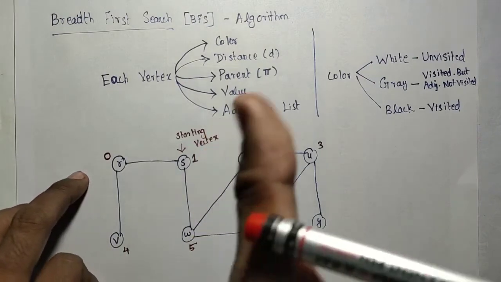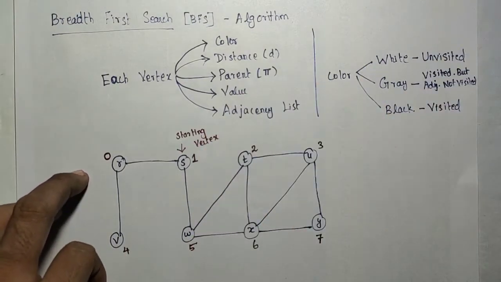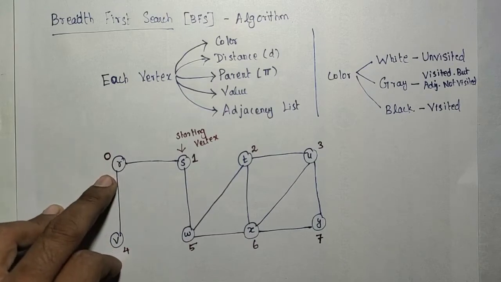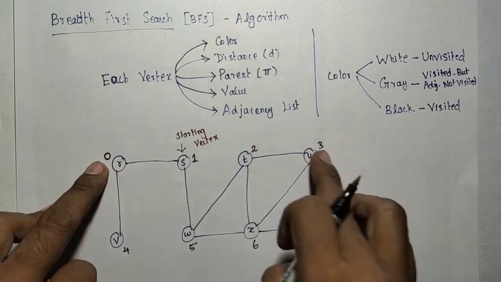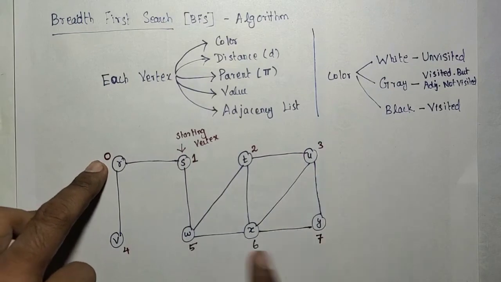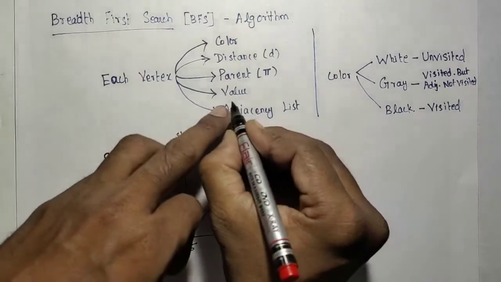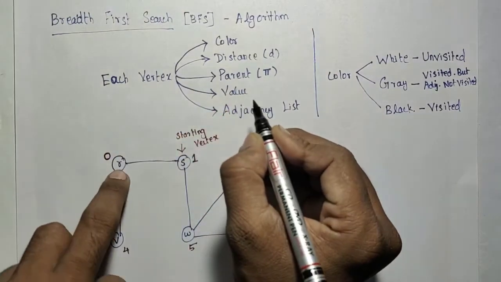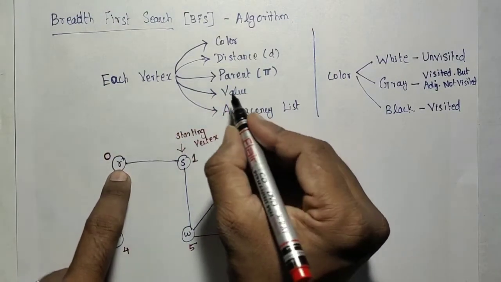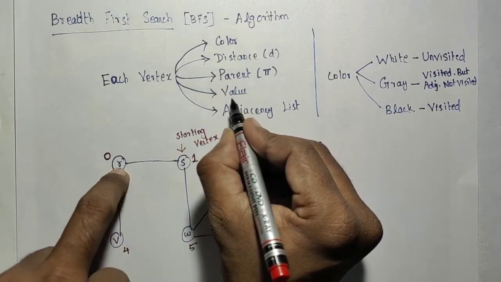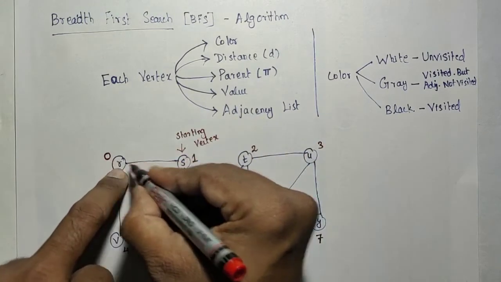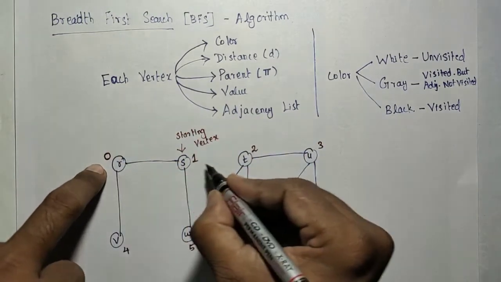So we need to create an array of lists. Array means the index starts from 0. I'm writing the numbers for all the vertices. For the value of the vertices, actually you need to store R, but for better clear understanding, I'm going to write the value as the index directly. So the index is 0, 1, 2, 3.